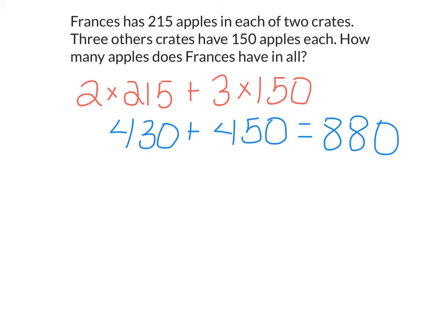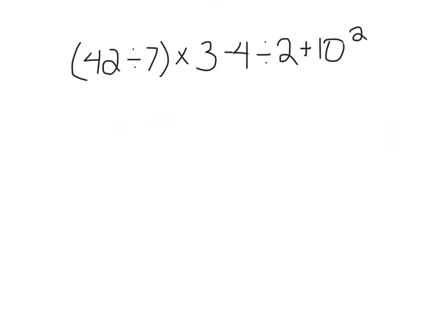Let's take a look at another example. So we have 42 divided by 7 times 3 minus 4 divided by 2 plus 10 squared. We need to remember our order of operations, so I'm going to write those down just so that way we can remind ourselves. So we have them written right up there. So we're first going to start with P, parentheses.